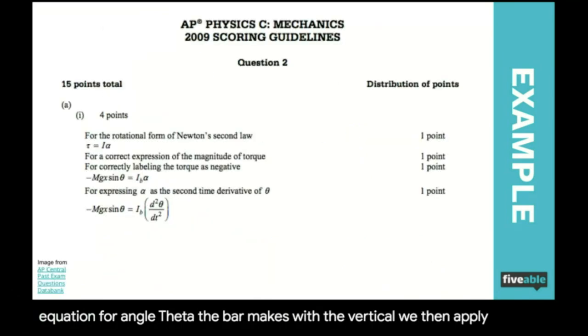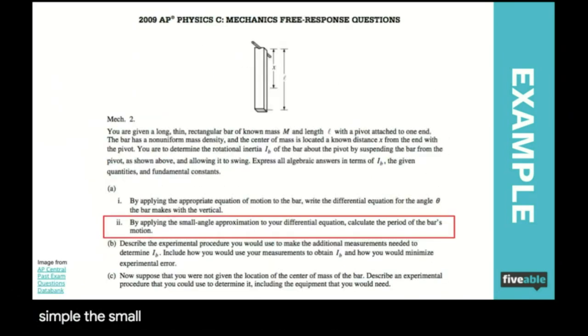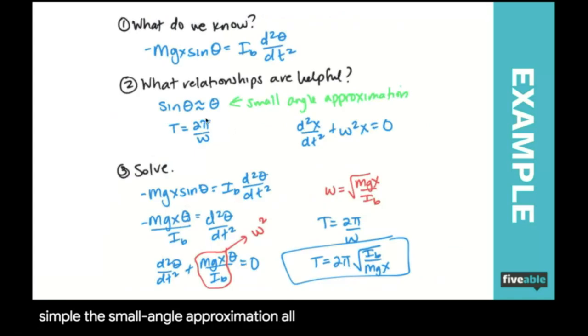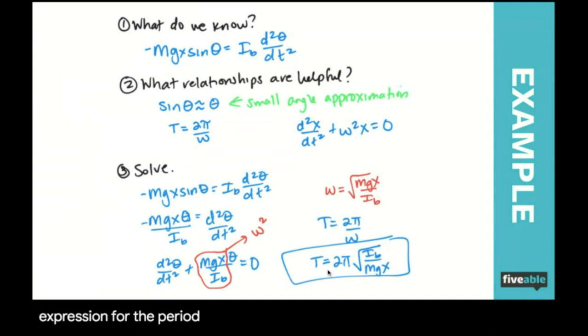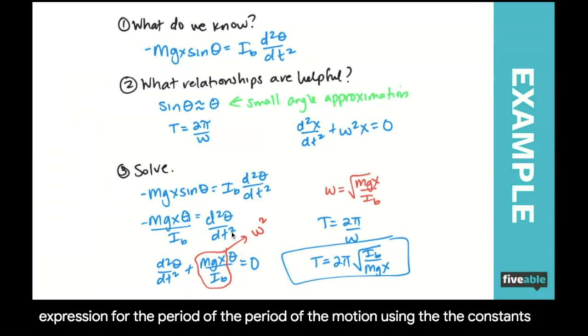We then apply the small angle approximation. All that means is we say instead of sine theta, we've got theta. And then we can go through and plug in and get an expression for the period of the motion using the constants that they gave us.